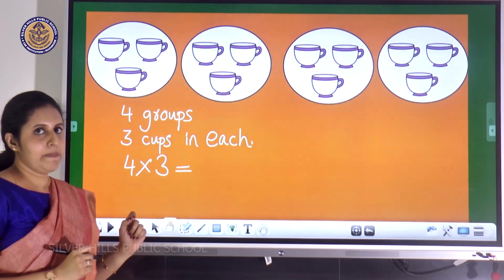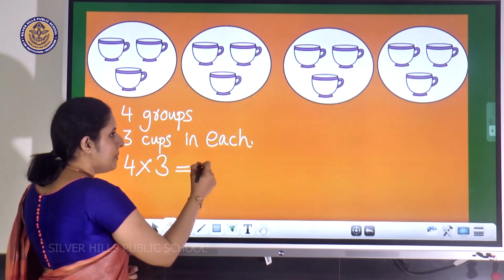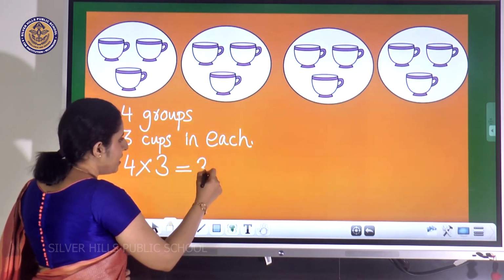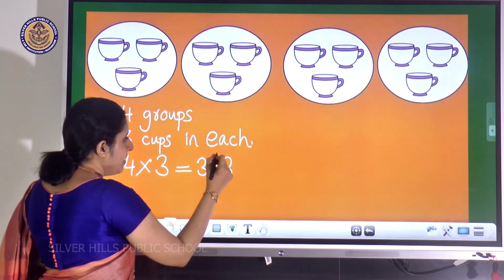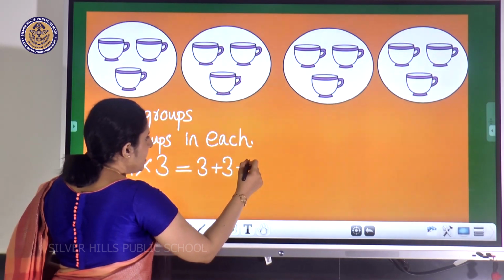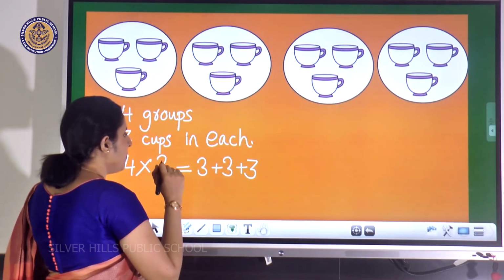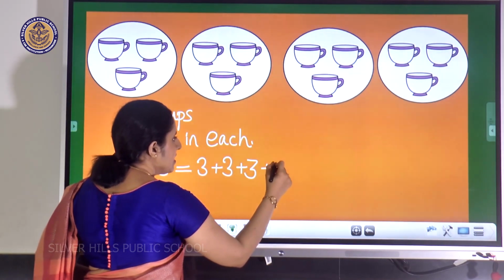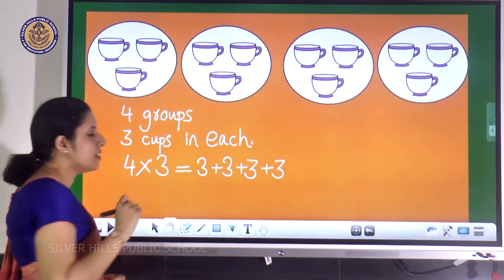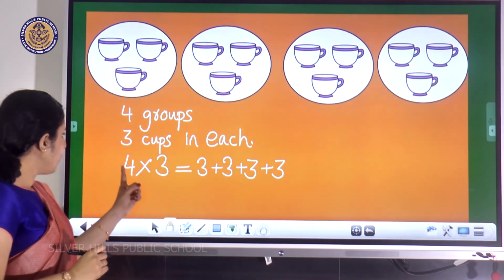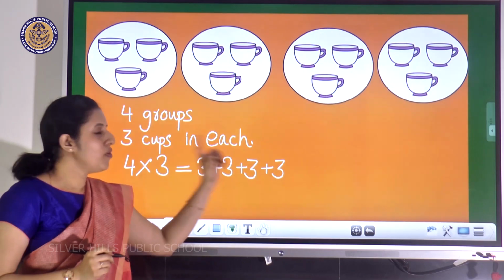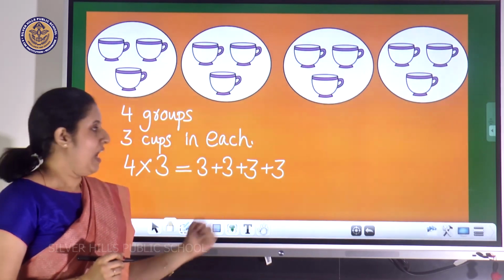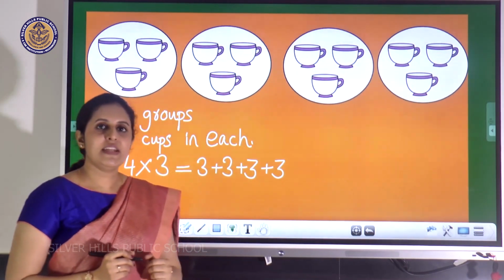4 times 3. How do you write that in repeated addition? 1 time 3 plus a second time 3 plus a third time 3 plus a fourth time 3. 4 times 3. 1, 2, 3, 4. How do you find the answer to this repeated addition?